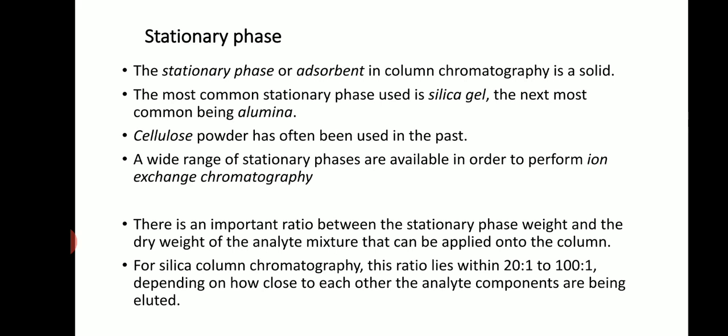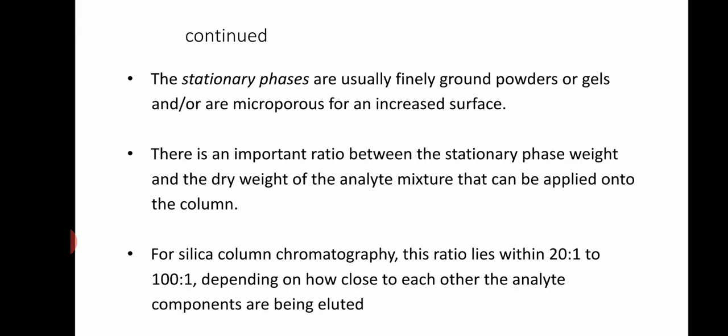There is an important ratio between stationary phase weight and the dry weight of the analyte mixture that can be applied onto the column. For silica column chromatography, this ratio lies within 20 is to 1 to 100 is to 1, depending on how close to each other the analyte components are being eluted.